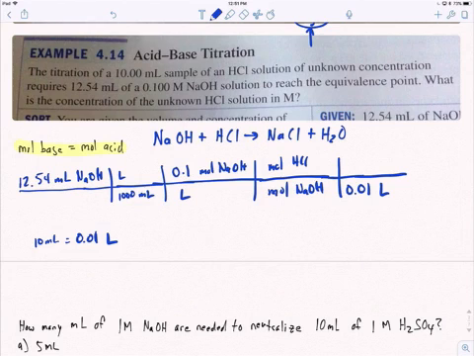And there's a 1-to-1 ratio of hydrochloric acid to sodium hydroxide. So when we get here, we now have moles of hydrochloric acid, and molarity is moles per liter, so we divide by the volume there to get that. You guys look happier now. You guys are following? Okay.